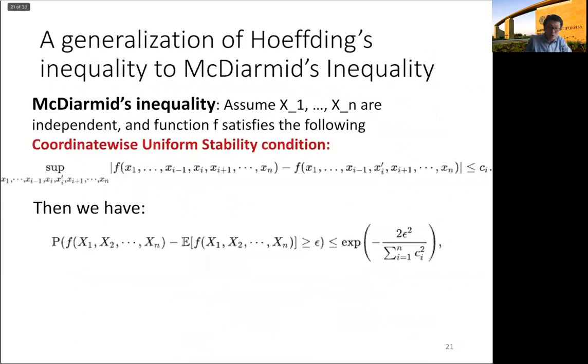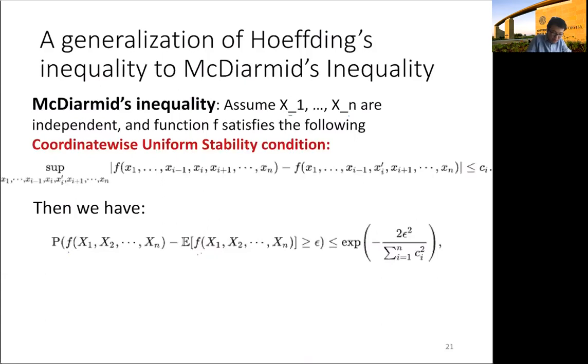Okay, so we need to define one more concentration inequality that generalizes Hoeffding's inequality quite remarkably, even though it's a quite simple generalization. The McDiarmid inequality also deals with independent random variables, but now instead of just taking averages, we can work out an arbitrary Lipschitz function f. Let's first stare at this inequality.